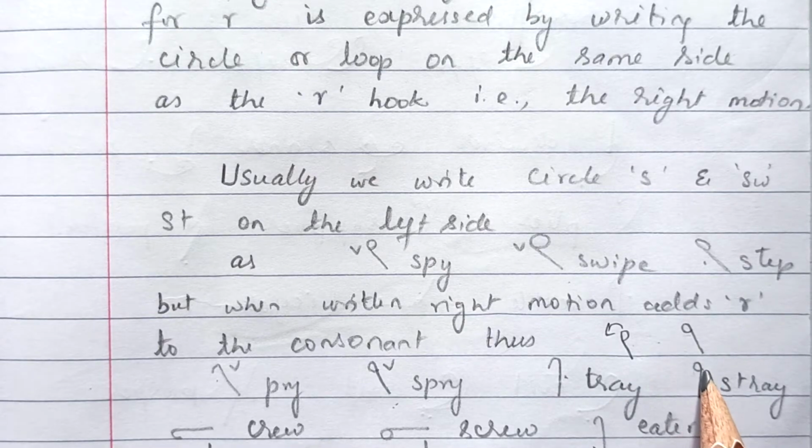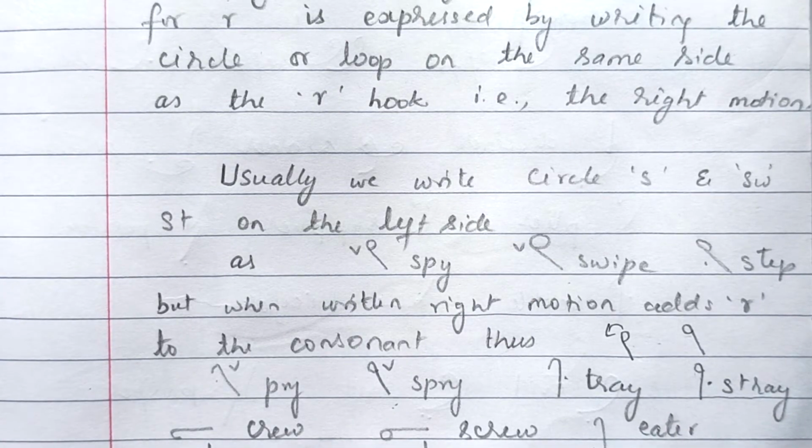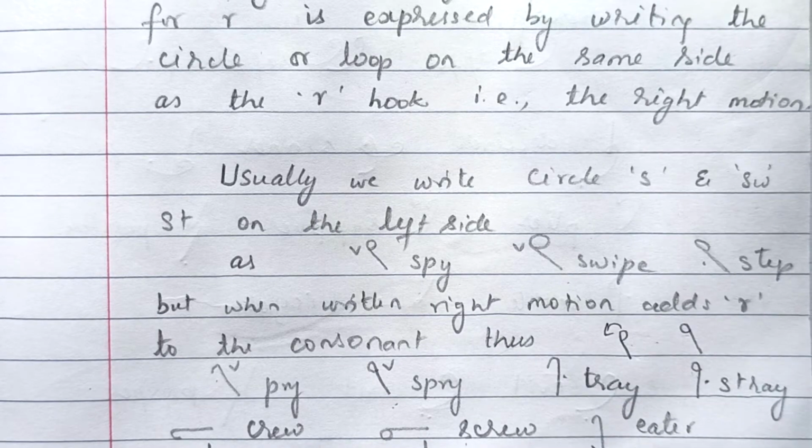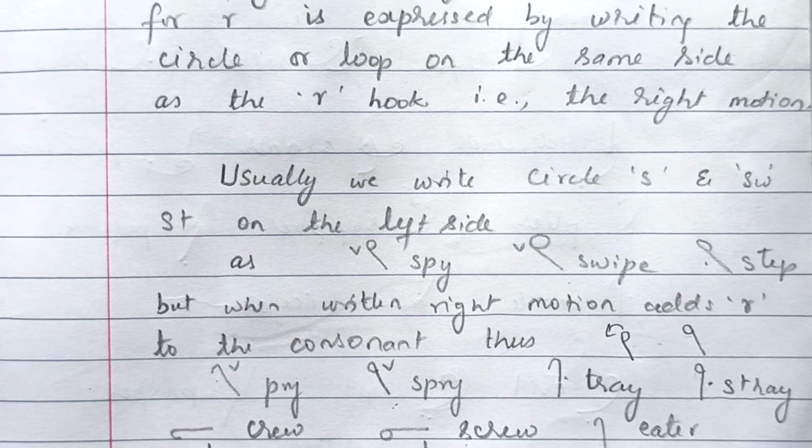That includes the circle S and the R hook along with the consonant T. S-T-R-A-Y, stray. Then crew. So the circle S on the side of the hook. So it adds R to the circle S. So screw. Then eater. Then the large circle.